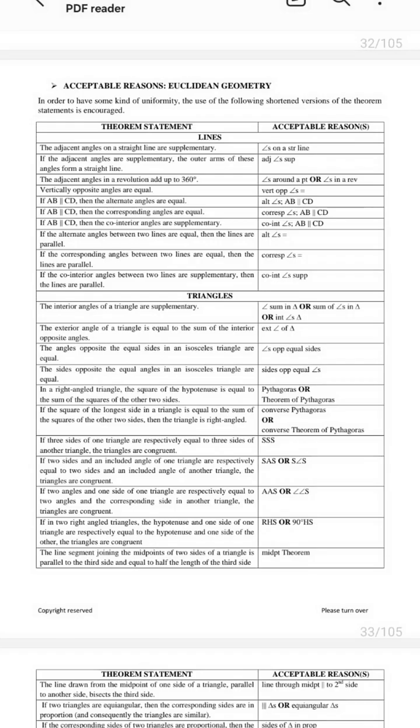I repeat, in order to have some kind of uniformity, the use of the following shortened versions of the theorem statements is encouraged. So as a grade 9 learner, you are encouraged as well, okay?